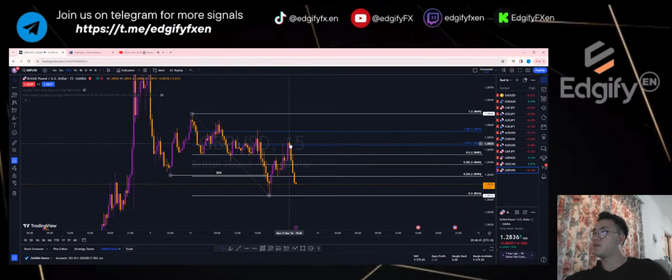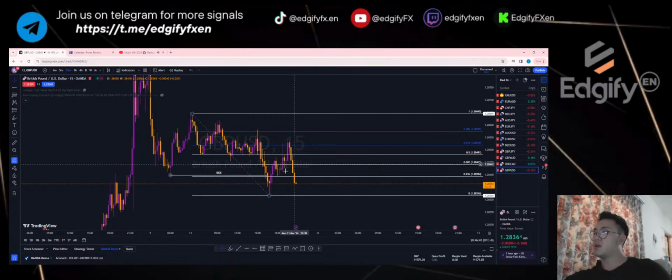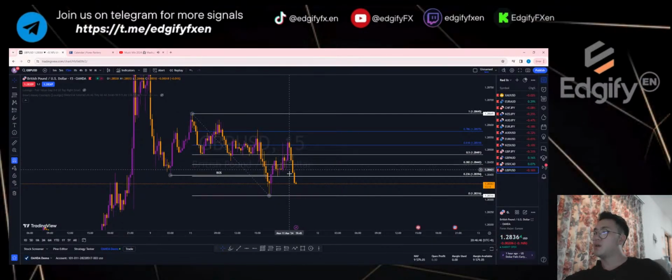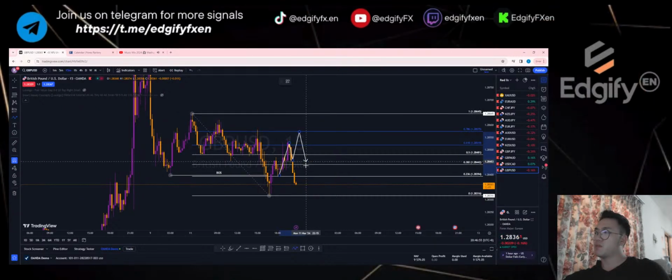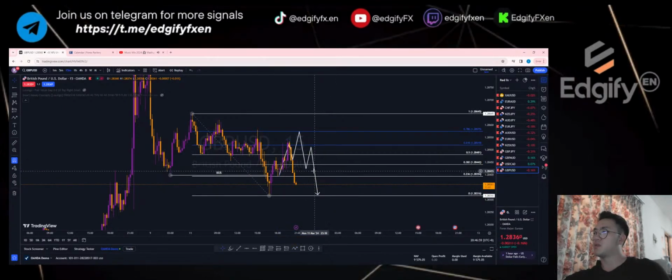Basically at this supply level, right? Rejected, broken this low, but this is not a very nice structure that we want to see. Alright, if it's a nicer structure, you'll basically see something like this, right? Breaks below, comes back, and then dumps, right? You'll see something like this.